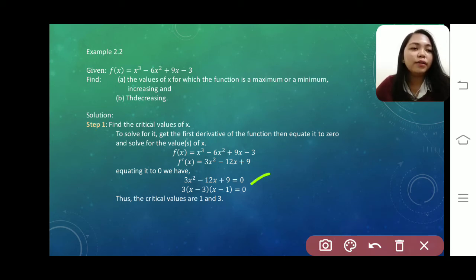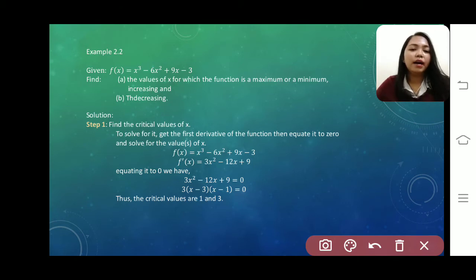And then, anong sunod na gagawin? Kukunin natin yung roots ng x. So, in this situation, example, we have the factor of 3 times x minus 3 times x minus 1. So, we have the critical values 1 and 3. So, iisa-isahin natin yung i-test.